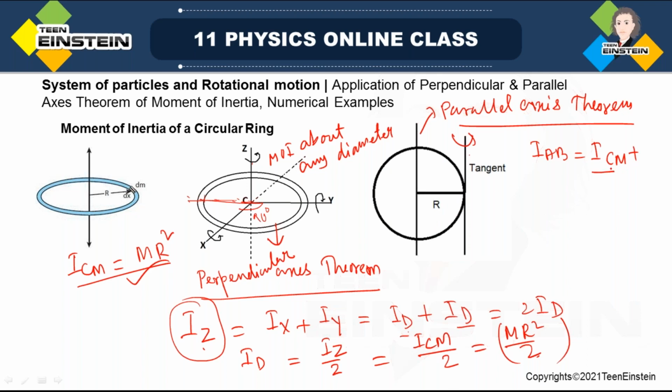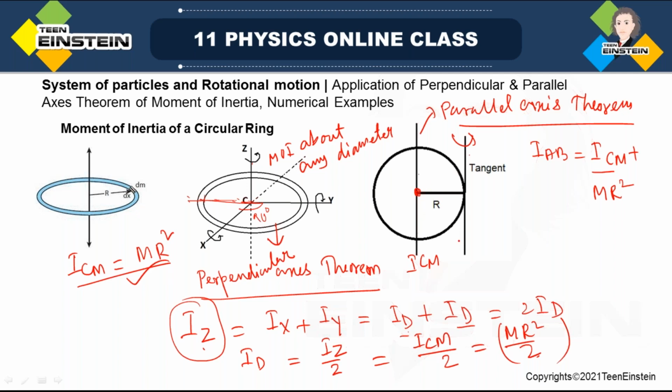So it is ICM plus the total mass of the ring times the distance squared. The distance is R, the radius, so R square. This is the axis passing through the center of mass and perpendicular to the plane. So always you have to find an axis parallel to the given axis about which you have to calculate the moment of inertia.